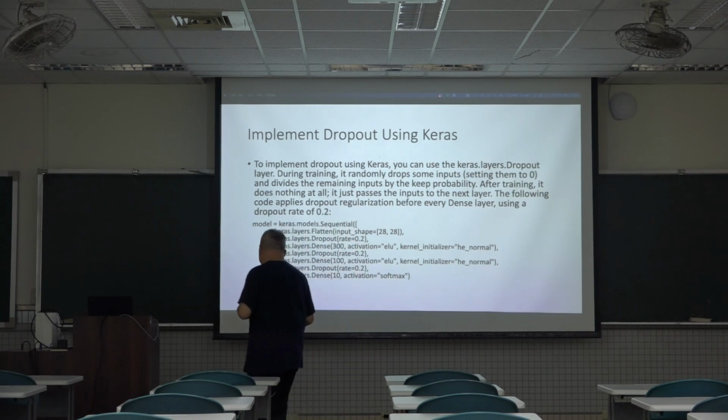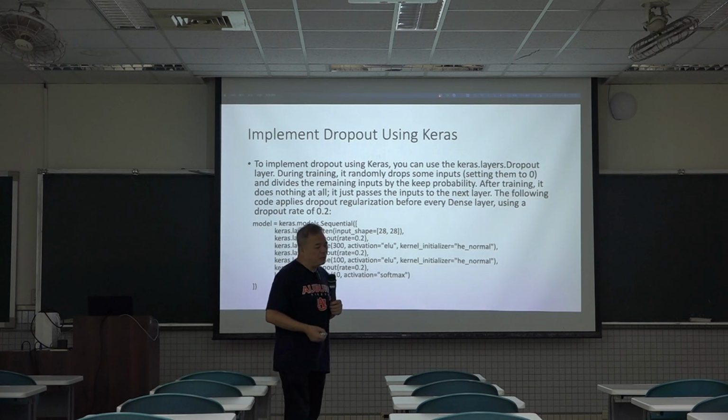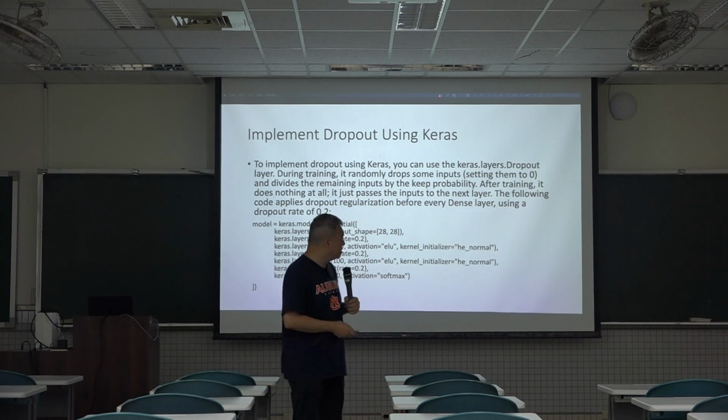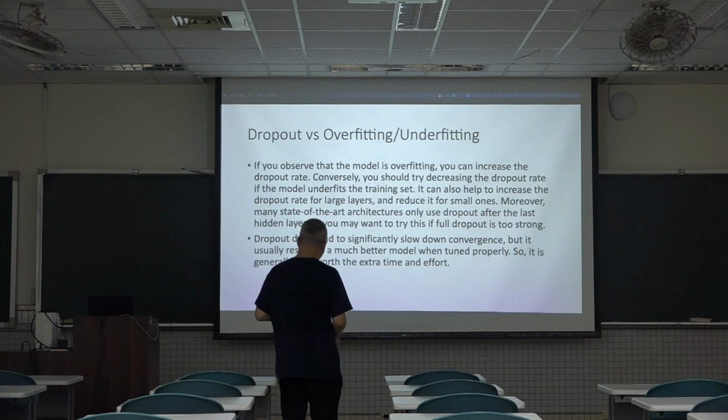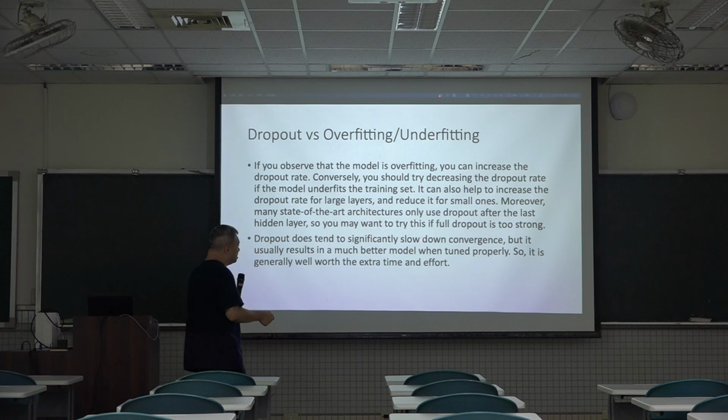If you feel like you are using dropout too much, then obviously you don't have to do that. Dropout does tend to significantly slow down convergence. Why?